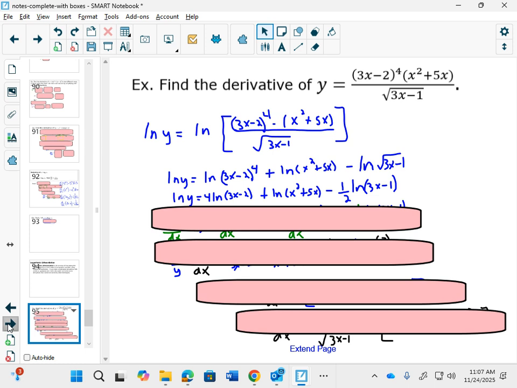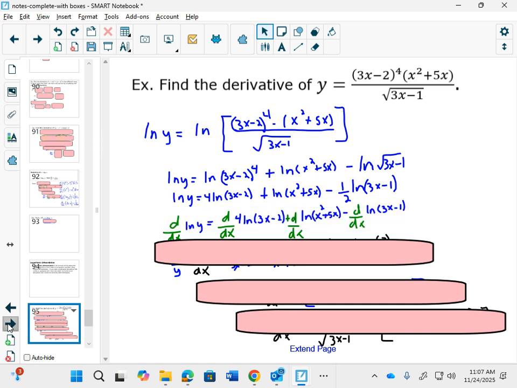So hopefully this is a little bit easier. If we take the derivative of each thing, it's a little bit easier, because even pulling those powers out in front, now they're just coefficients.